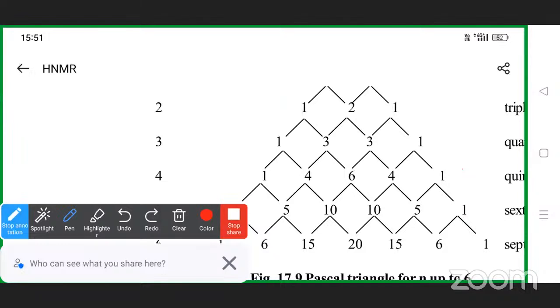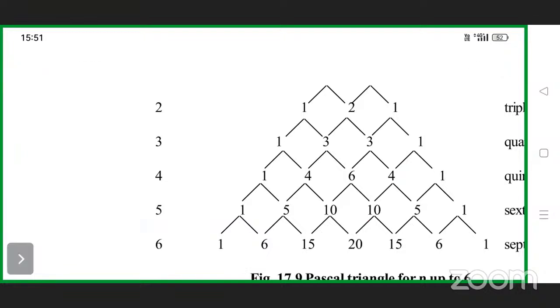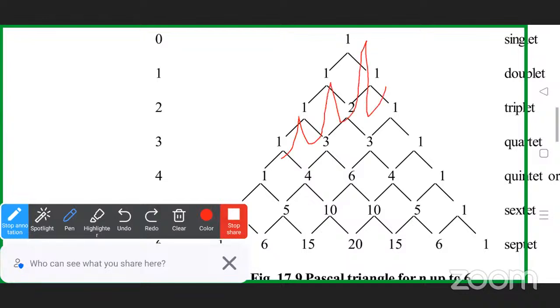So the first and the fifth lines have the same height, and the second and fourth have the same height, and the third one is more intense than the remaining ones. That is how you draw the pentet: the intensity, like this, and like this.